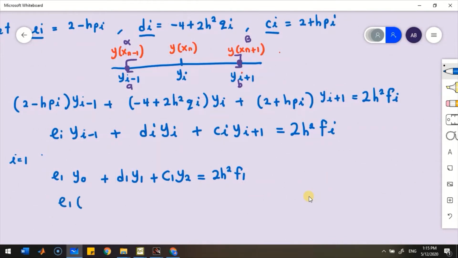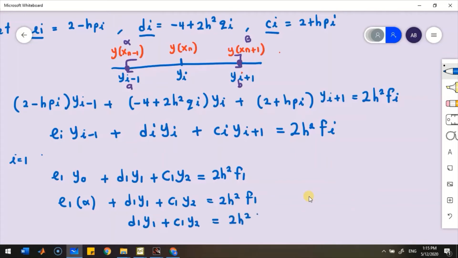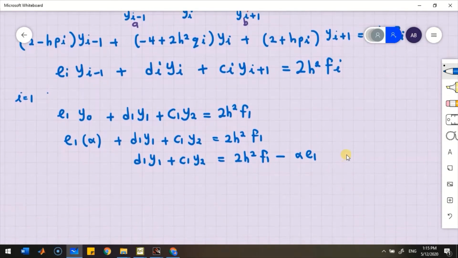So E1 alpha plus D1 y1 plus C1 y2 equals 2h squared f of 1. So D1 y1 plus C1 y2 equals 2h squared f1 minus alpha E1. Alpha is not a constant, alpha is a variable, but right now it's a number because it's an interval.